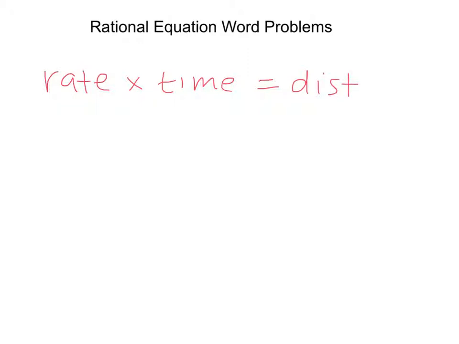And this equation is going to help us model different situations so then we can create equations that represent the situation. So we'll be working with it in different forms, such as rate times time equals distance, or time equals distance over the rate.